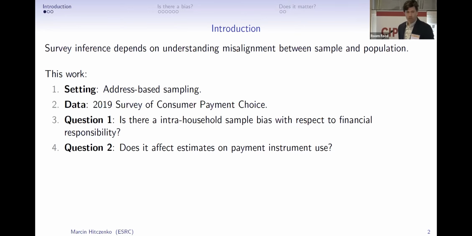The data we'll be using is the 2019 Survey of Consumer Payment Choice, which I'll introduce in a little bit. And we're going to ask basically two questions. One, is the set of household representatives that make up our sample skewed with respect to financial responsibility? And if so, does it matter? Does it affect various inferences that we want to use with our survey?